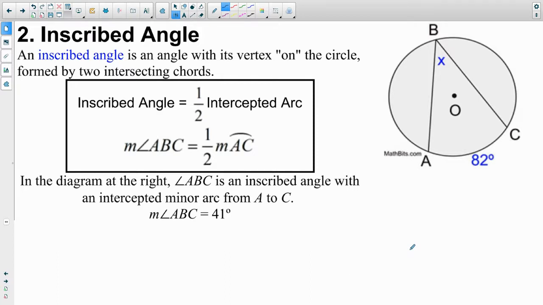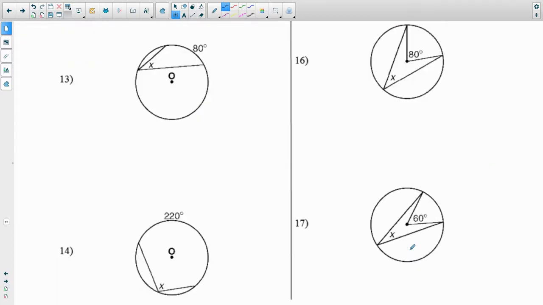All right, let's take a look at some of these problems. Okay, number 13. We could see that this point that forms the angle that they're asking us to find is on the circle, created by two chords. They've given us an intercepted arc of 80 degrees, which would mean that x is equal to exactly 1/2 of 80, which means x would be equal to 40 degrees.